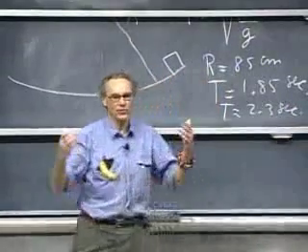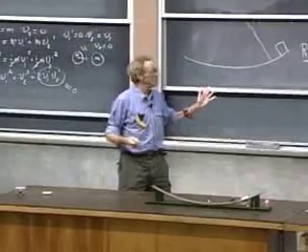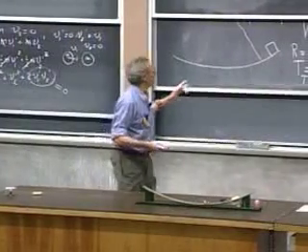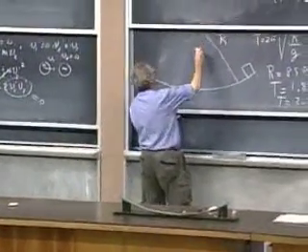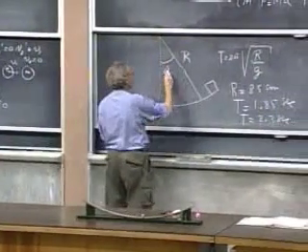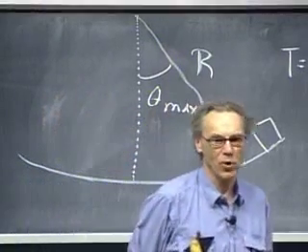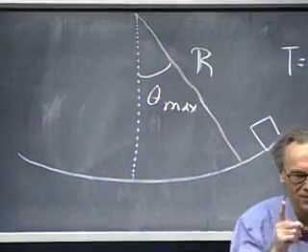And I asked you at the end of the lecture, why? And some of you said, well, the radius is smaller. That was no reason. Because the angle, the displacement angle, was still very small. This maximum angle, theta maximum, was so small that that could never explain why the period was so much larger. But now you know.